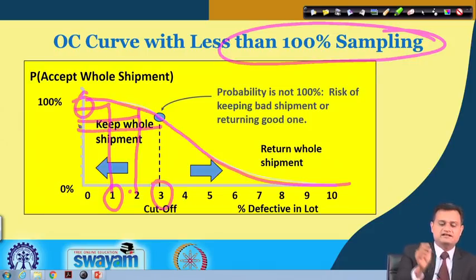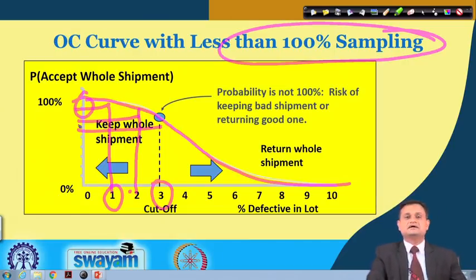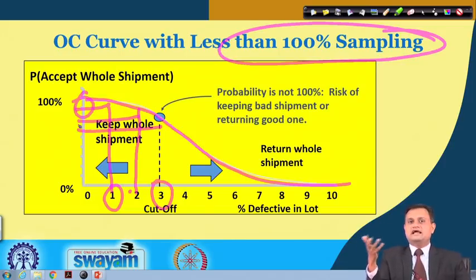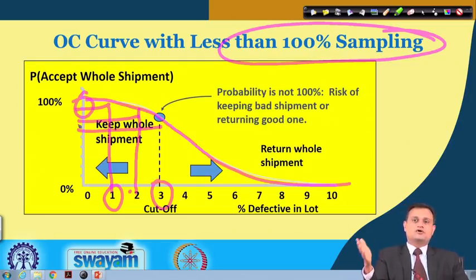Same way I will have reduced probability. So here what you can appreciate is that I have reducing probability as the number of defective increases in the lot, and this is where I can really feel happy and realistic about my operating characteristic curve for an acceptance sampling plan.